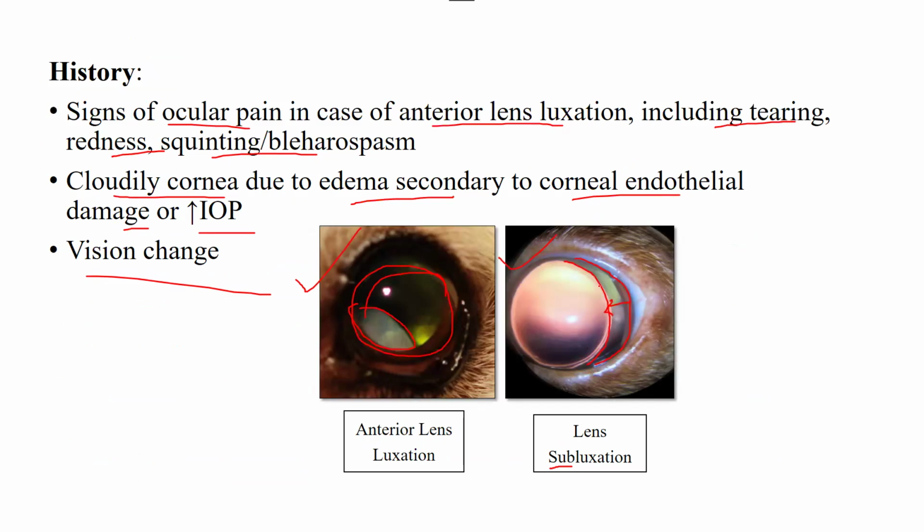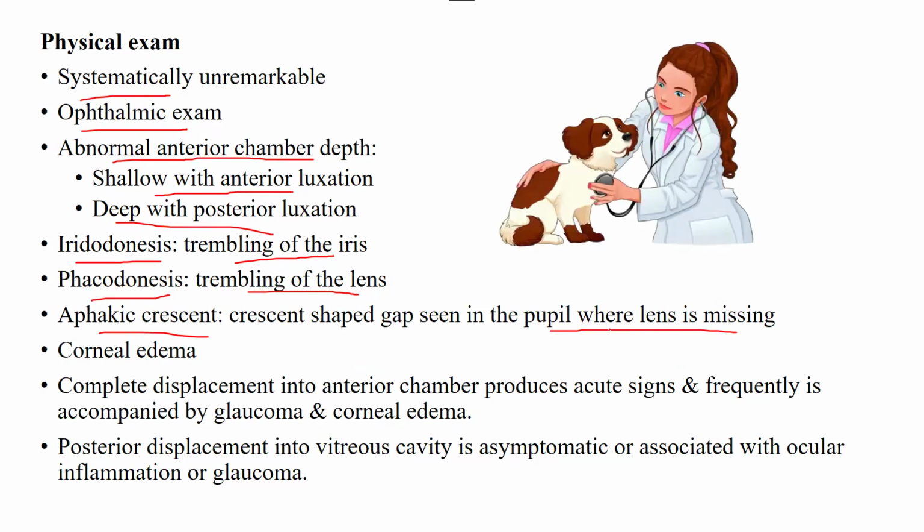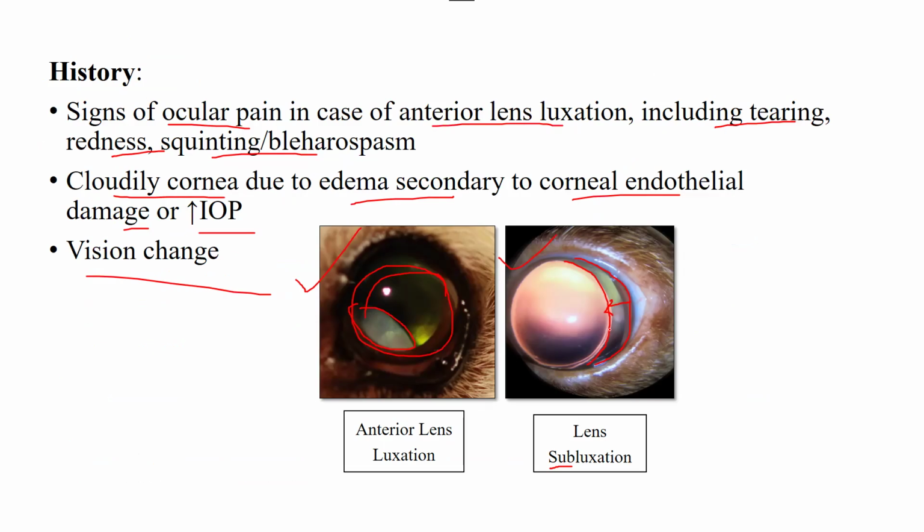You can see this crescent. This is the portion where the lens is missing, so this crescent is being formed. It's not important terminology-wise, but you should know how to see this in the image, because for this topic the image is more important. They are definitely going to give you an image.